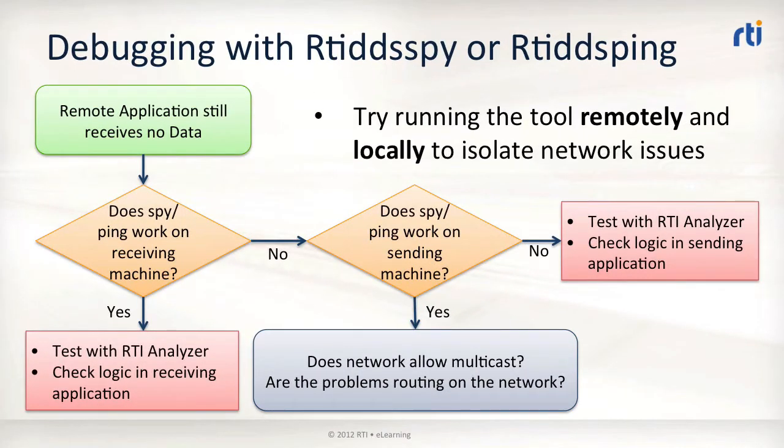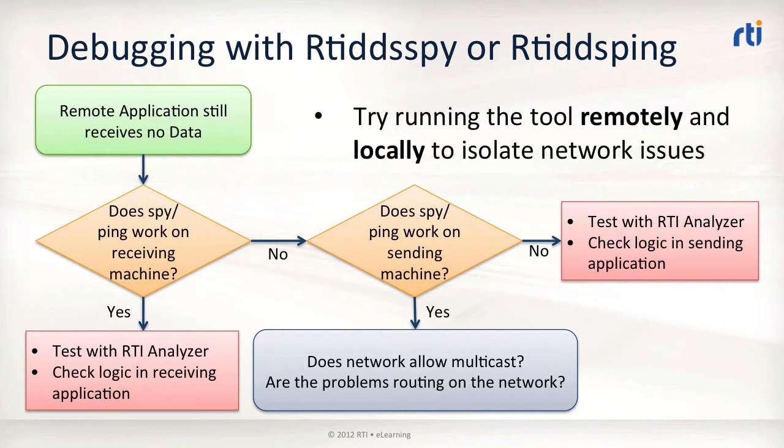So how do you debug with RTI DDS SPI and RTI DDS ping? So in this case, we still have the scenario that your application is receiving no data. One of the first things you can check is to see if SPI or ping works on that same receiving machine.